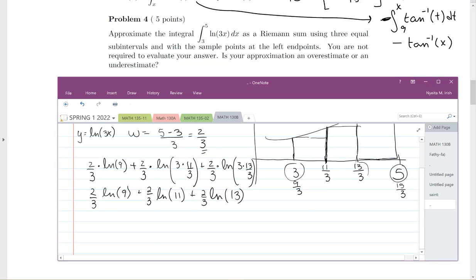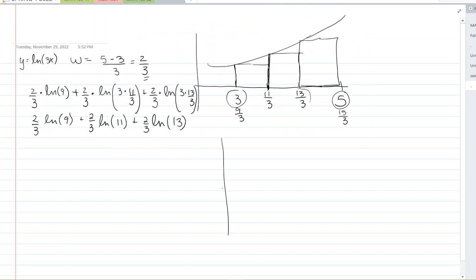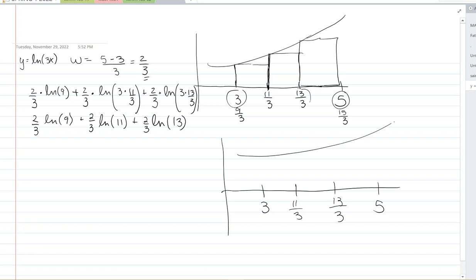If it were a right Riemann, a rough sketch of it, you'd still start at 3 and end at 5, and you'd still have 11 thirds, 13 thirds, 15 thirds, and so on. But your right side of your rectangle touches, and then it goes over.